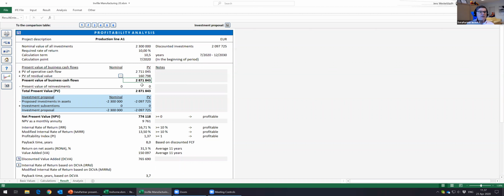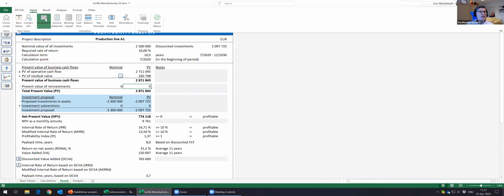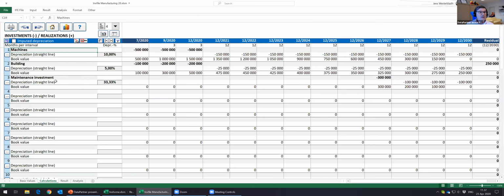And then the reinvestments. And now I noticed that I forgot to mark the reinvestment, the maintenance investment year 7 as reinvestment. So I will go back and do it now. Doesn't matter. I go to the investment table. I choose the third row, maintenance investment.